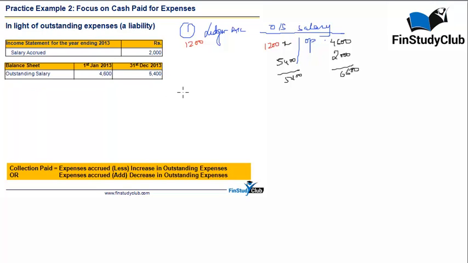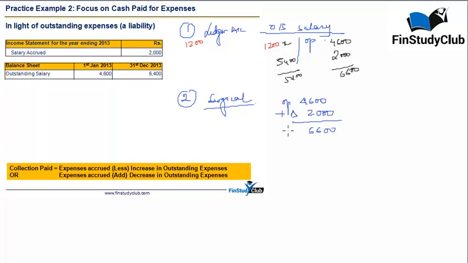As you can appreciate, specifically for non-commerce students, this seems to be a bit confusing. So let us have the same thing by the logical process. I already had to pay 4600 rupees for the previous year's salary, and the current year's salary, which has further become due, is 2000.